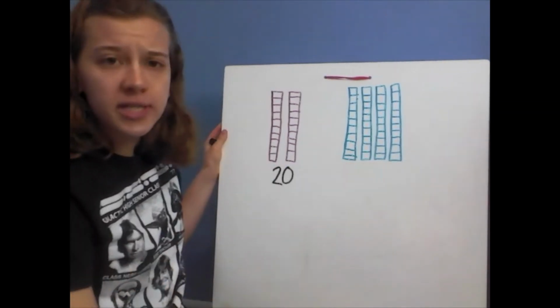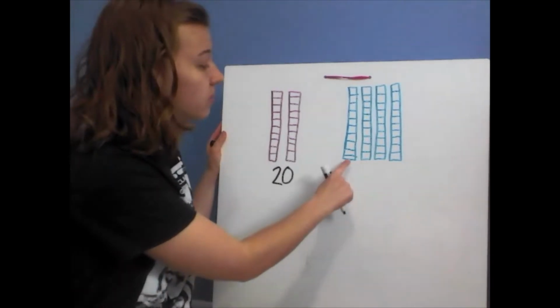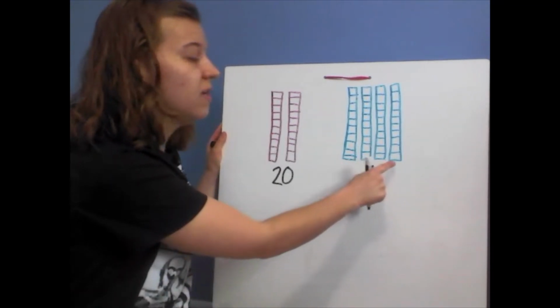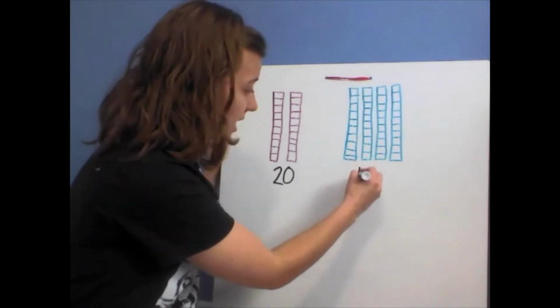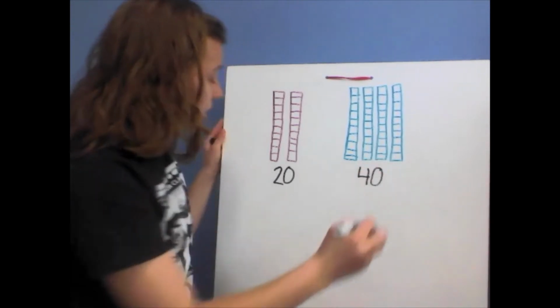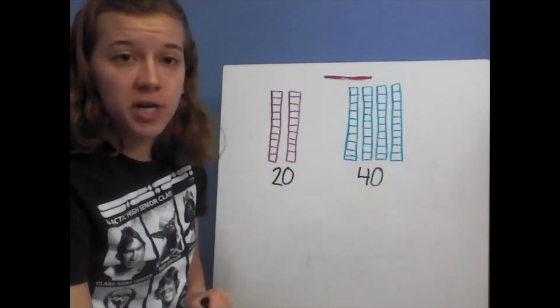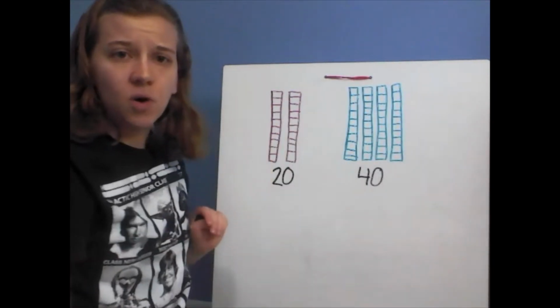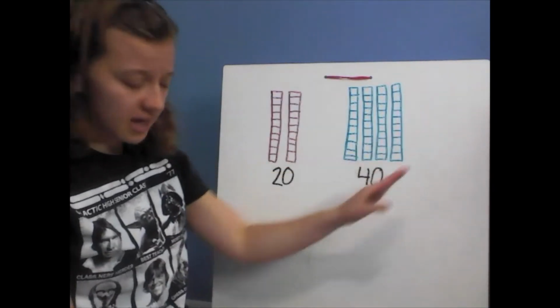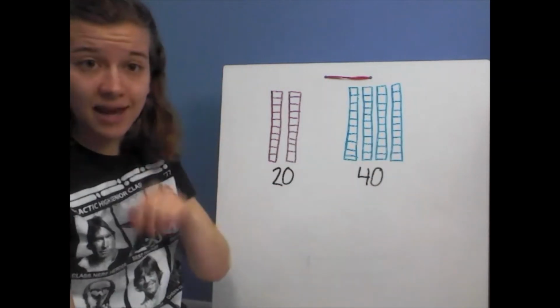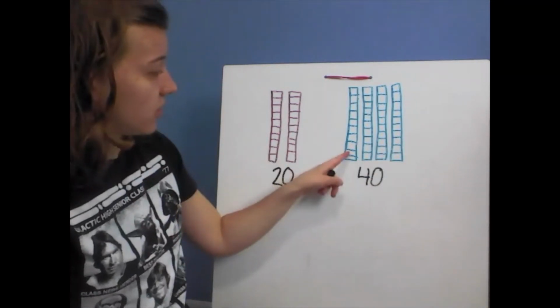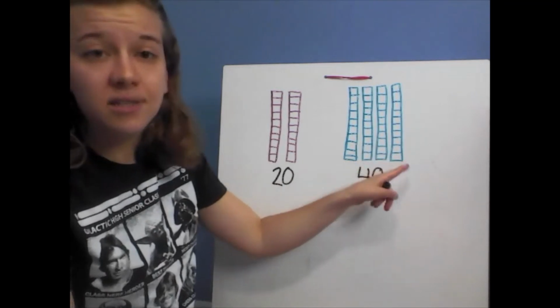And what does four 10s equal? Well, let's count. 10, 20, 30, 40. 40. So two 10s equals 20. Four 10s equals 40. So what would six 10s equal? All together, what would these 10 rods equal? Six 10s. Let's count. 10, 20, 30, 40, 50, 60.